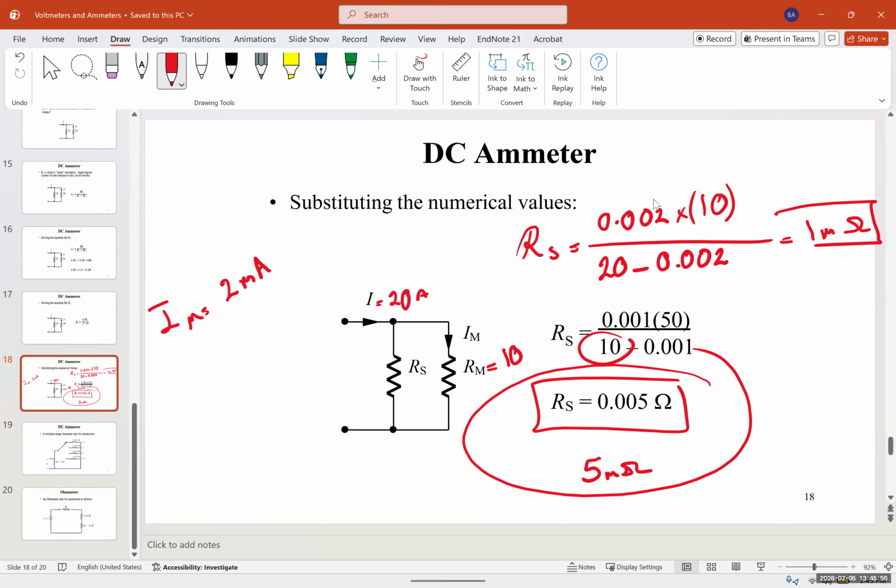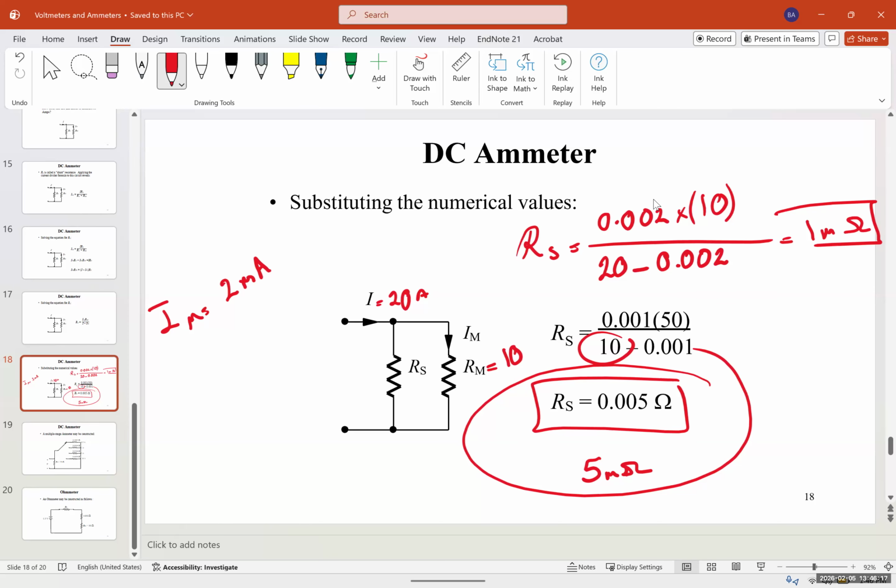RM is the same, you're still going to reduce it. For a 20 amp, I needed a 1 milliohm. So the higher the current that we want to measure, the smaller the resistance is going to be. Why? Because eventually we want this to be a short circuit. We don't want to have any resistors.